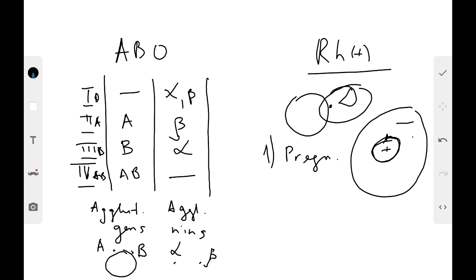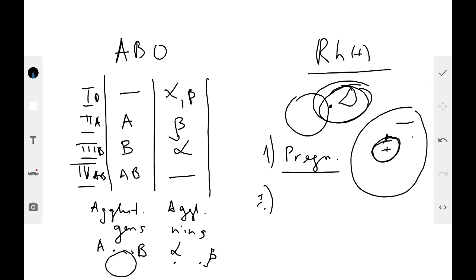To avoid this, after the delivery, if the mother is negative and the fetus is positive, we should use special antibodies to bind antibodies against this antigen D. It should be done during the first week after the delivery. So that was the rhesus conflict during pregnancy.